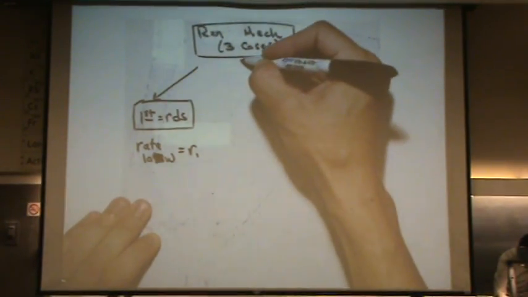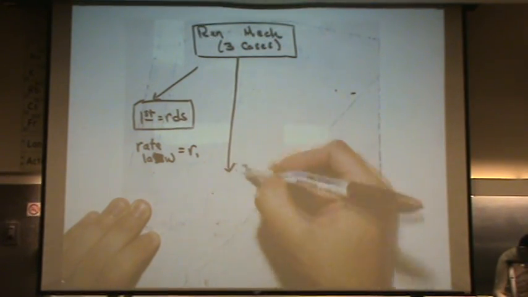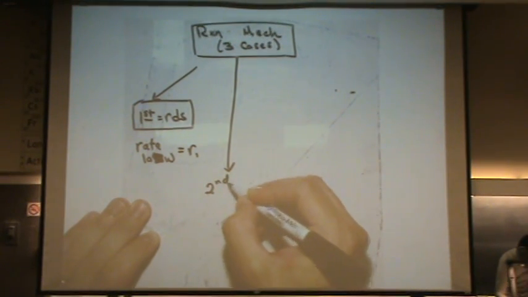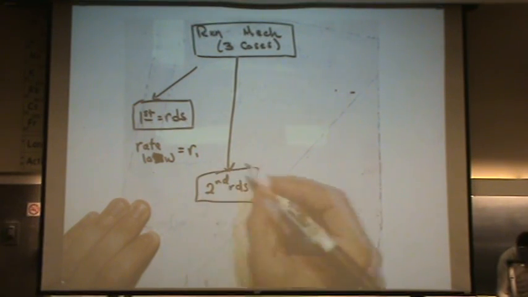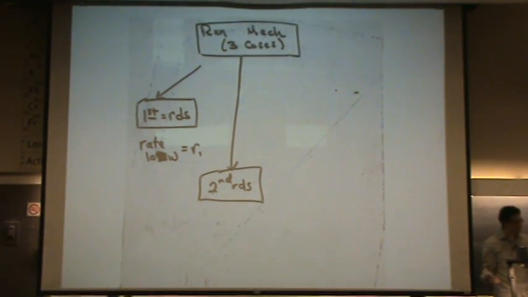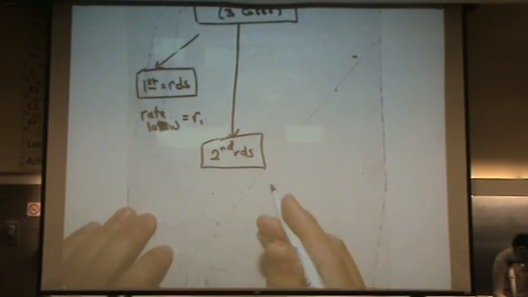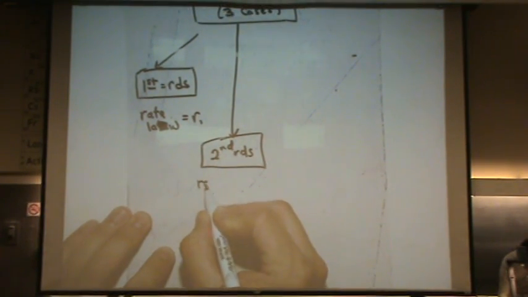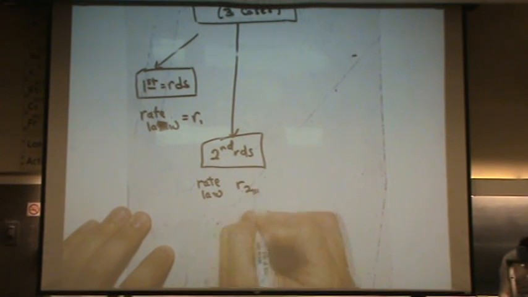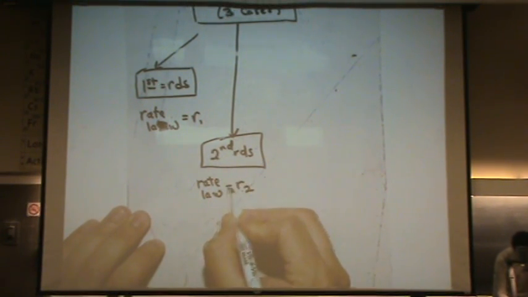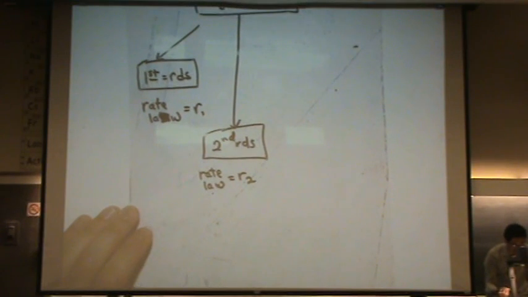It's just so trivial. The second case is if the second is the RDS. That's a pretty common kind of question. In this case, the rate law is written for R2, the second rate, the second reaction.